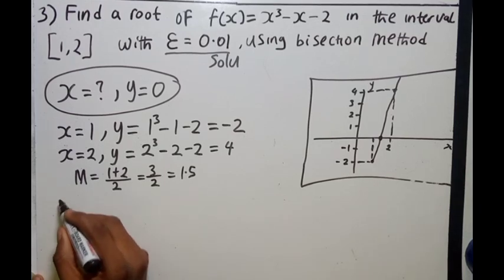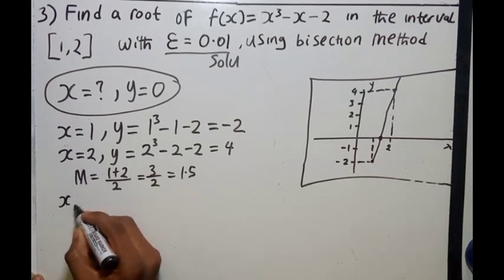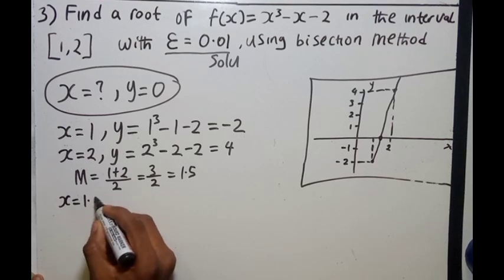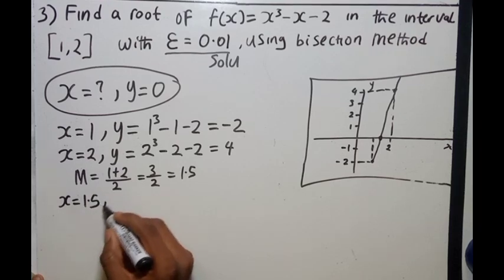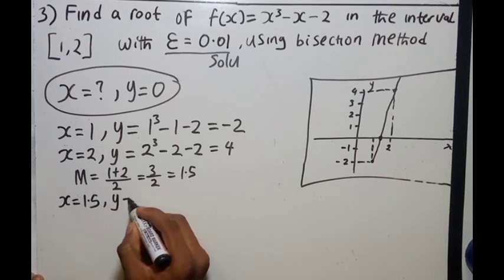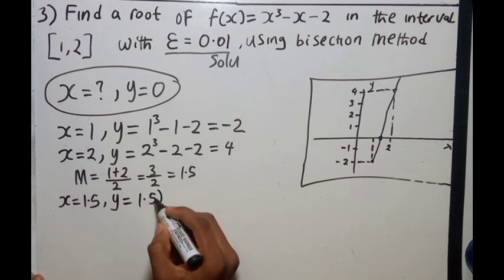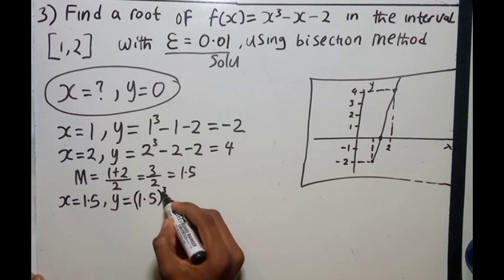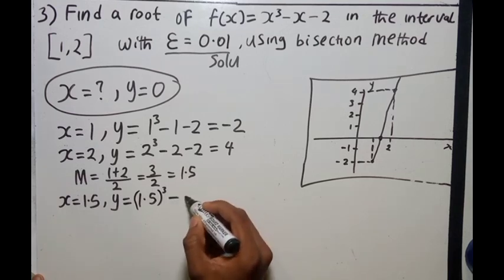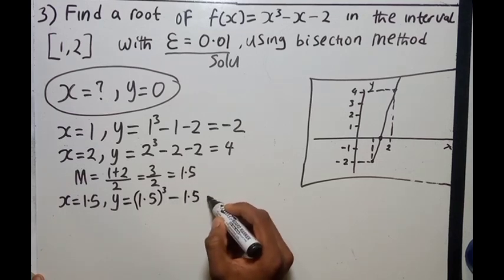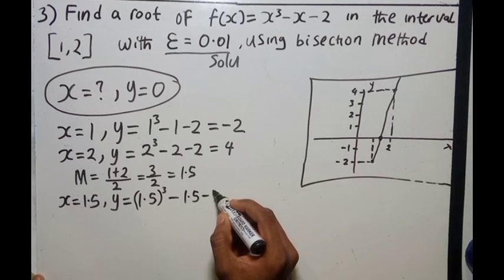So we then ask ourselves, what is y if x is now 1.5? Then we have y is equal to 1.5 all cubed minus 1.5 minus 2.